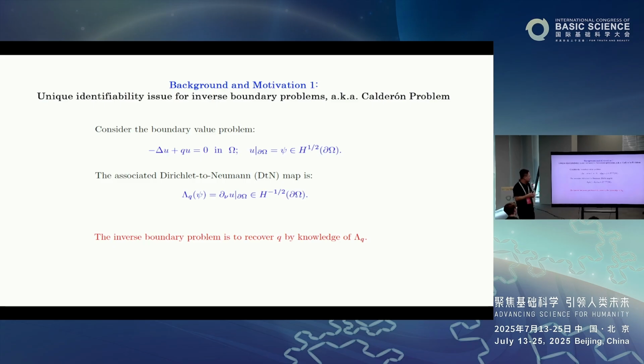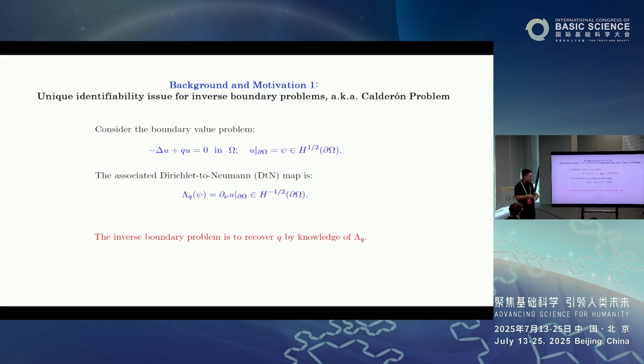Let's say 0 is not in the spectrum of this Schrodinger operator, and we have a well-defined system. In particular, we have the so-called boundary operator, the Dirichlet-to-Neumann map, given by lambda Q. It maps the Dirichlet data to the Neumann data of the solution.